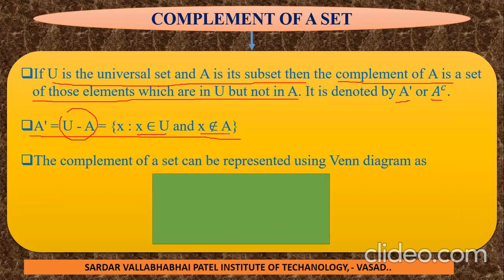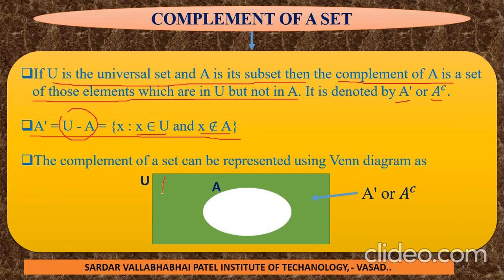Now the complement of the set can be represented using the Venn diagram as follows. Suppose this is the universal set U, and another set which is a subset of U, we consider capital A. Obviously the green portion is A dash or A complement.